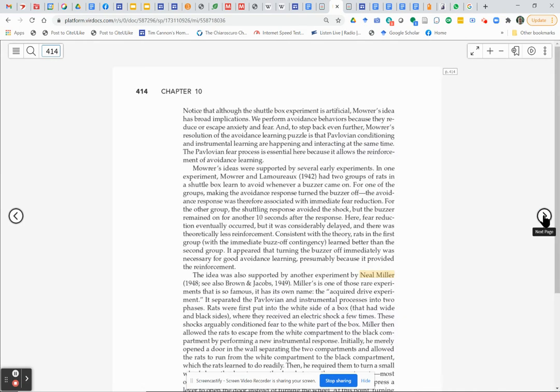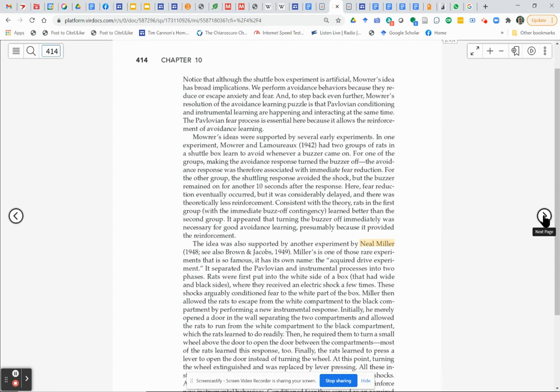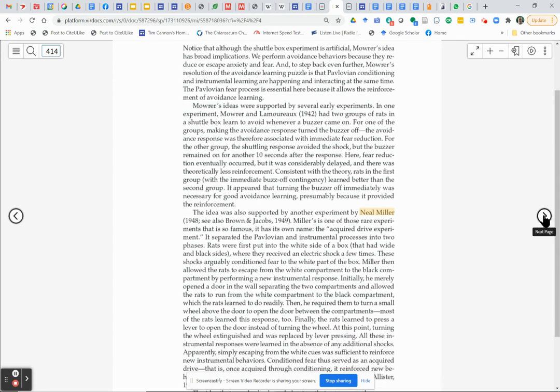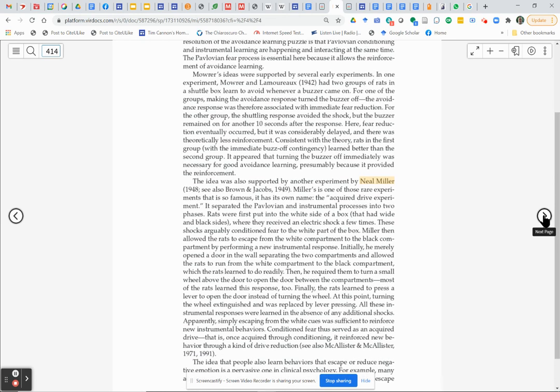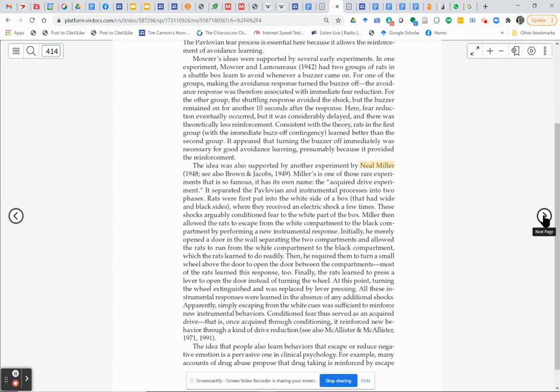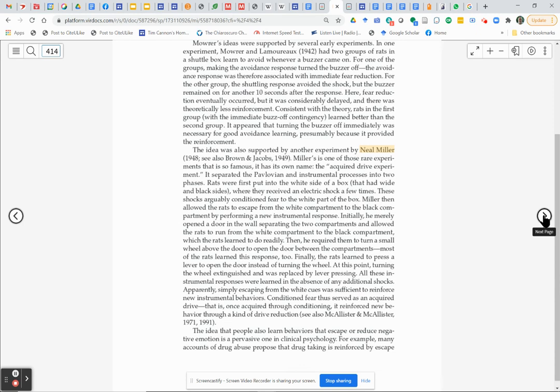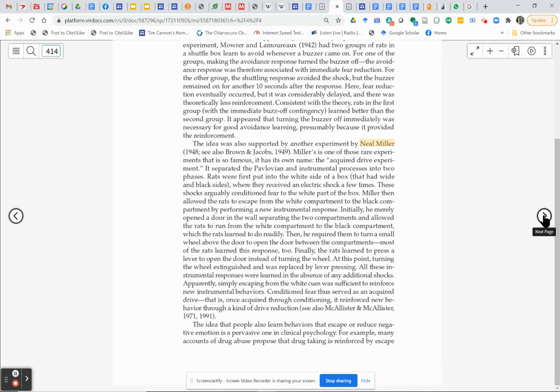And broad implications, learning whether, when the buzzer goes off, affects the ease with which the animals will learn this. And Neil Miller, I was a huge fan of his, got to shake his hand once. He did a lot of things in this area, including the research reviewed here.